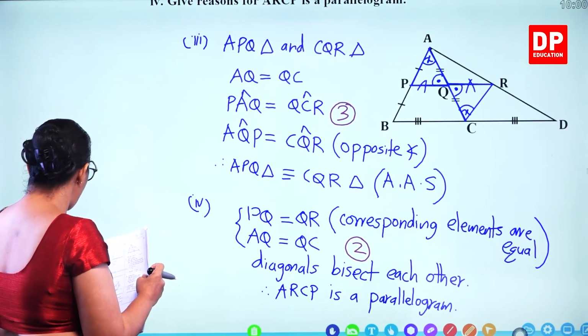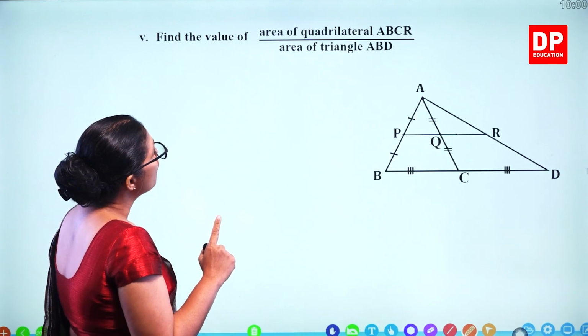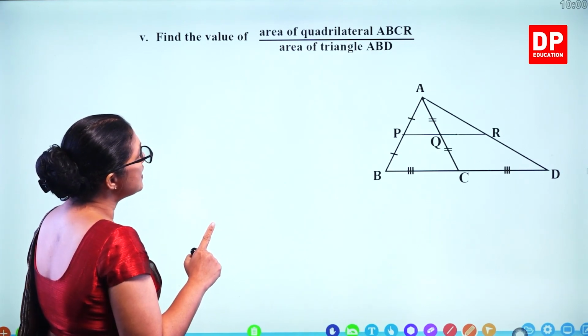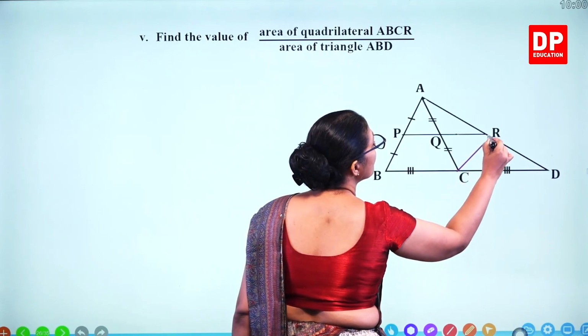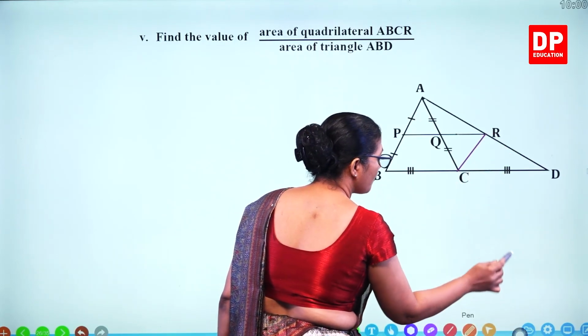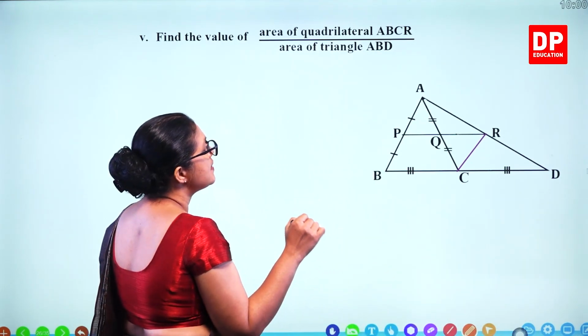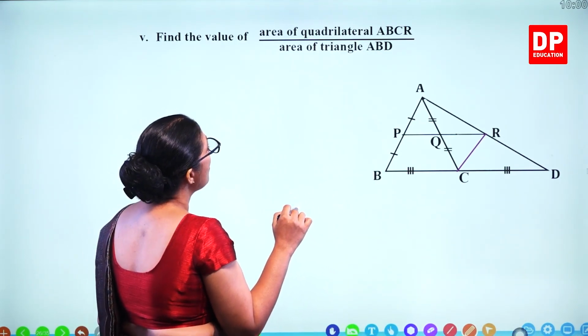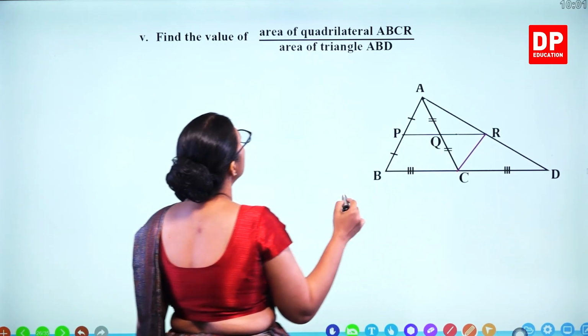And we get another part. Find the value of area of quadrilateral ABCR to area of the triangle ABD. What's the ratio?